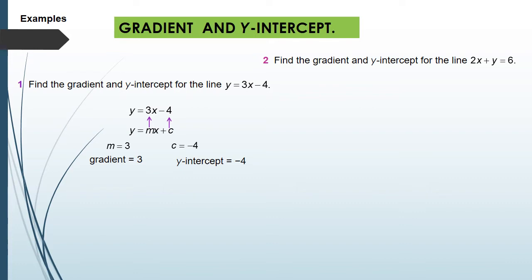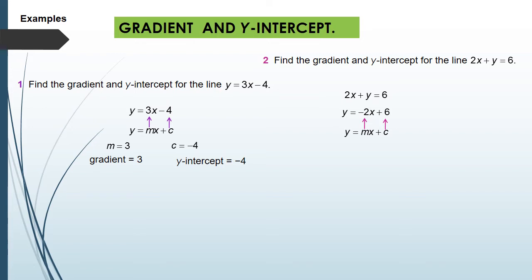Example 2. Find the gradient and y-intercept of the line 2x plus y equals 6. Same thing, we compare it to the general form. It is worth noting here that whenever you are given an equation, you have to make y the subject of the formula before you pick out your gradient and your y-intercept.